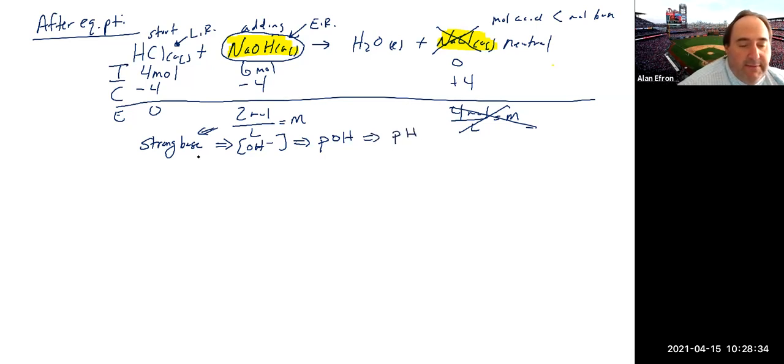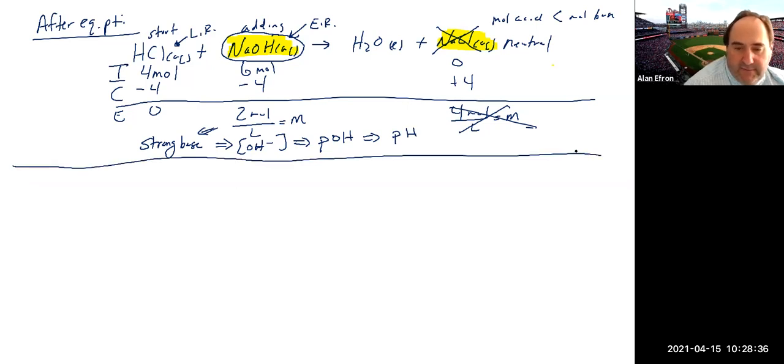So in this type of titration, after the equivalence point, you again need an ice table done in moles. The result of that ice table will tell you how much strong base you have left over. You can then use that strong base to figure out the pOH and then the pH. Any questions on that?